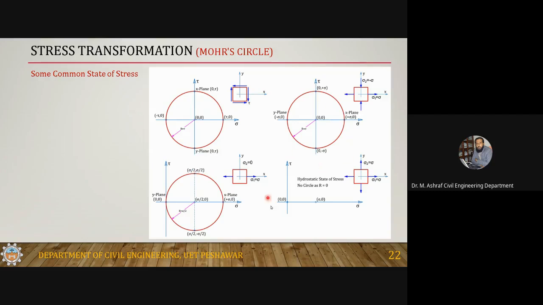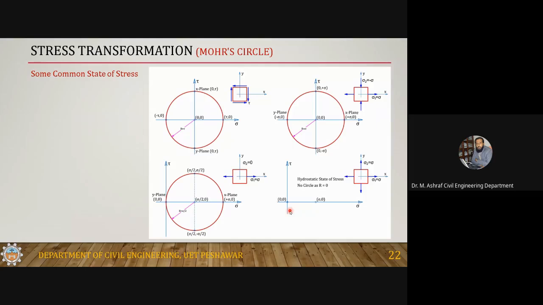Okay, so this is the most important state of stress in which sigma 1 is equal to sigma 2. And if sigma 1 is sigma, then sigma 2 is also sigma. And this kind of state of stress is known as a hydrostatic state of stress. Hydrostatic meaning that the stresses are equal in all directions.